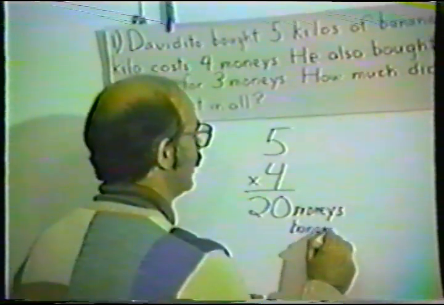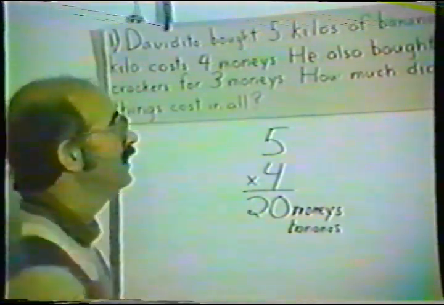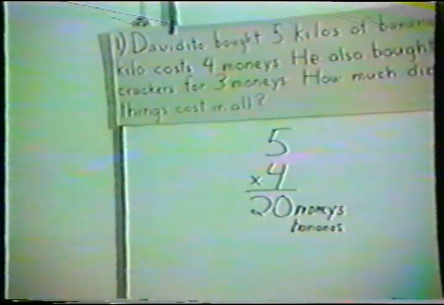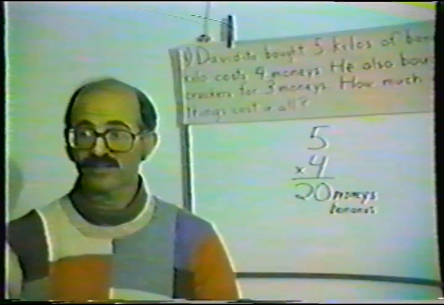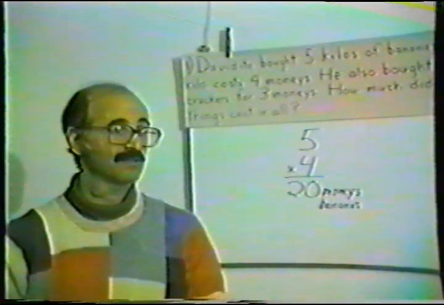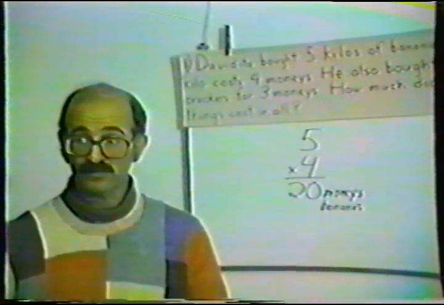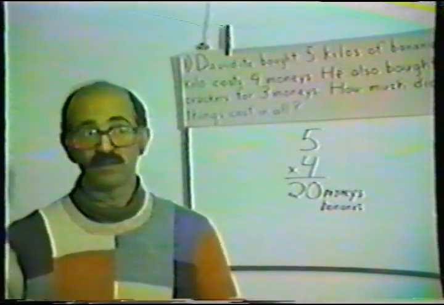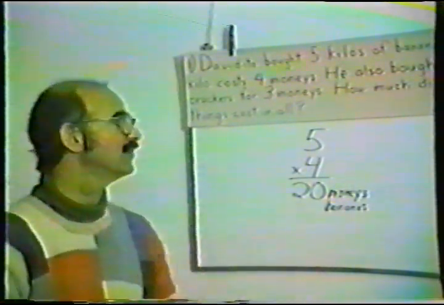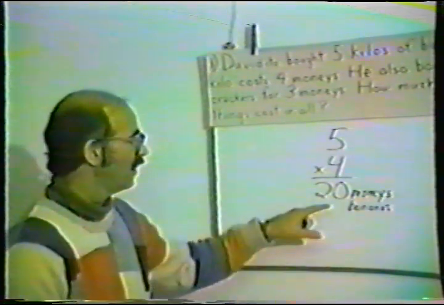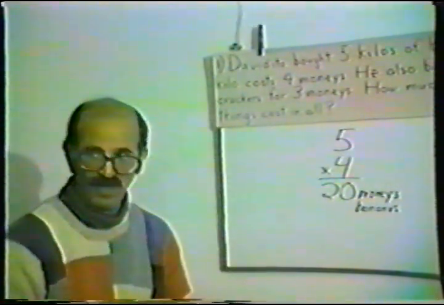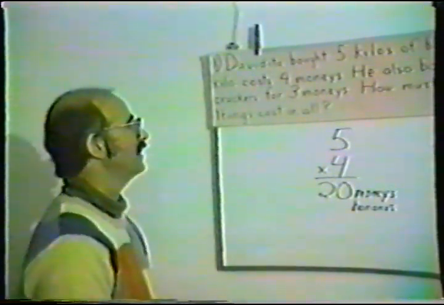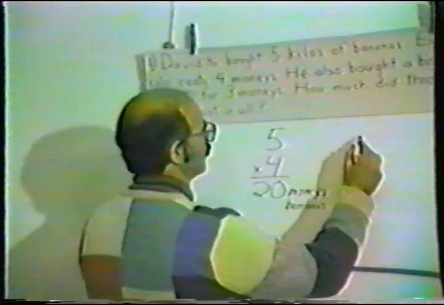Yes, bananas. Okay. Now, we also bought a box of crackers for 3 monies. How many boxes of crackers? 1. A box means 1. So, added to the cost of our bananas, we have 3 monies for crackers.